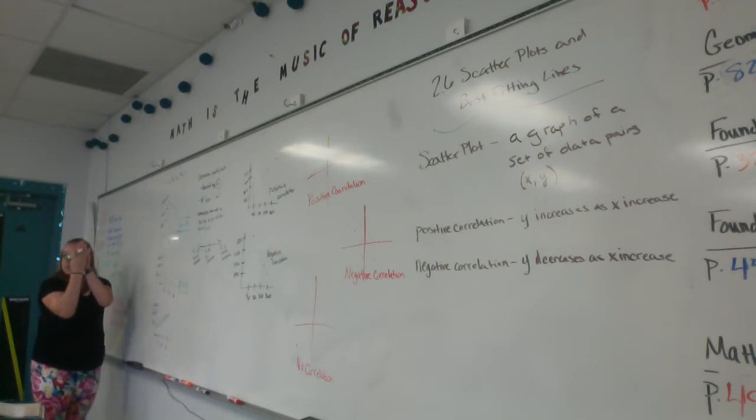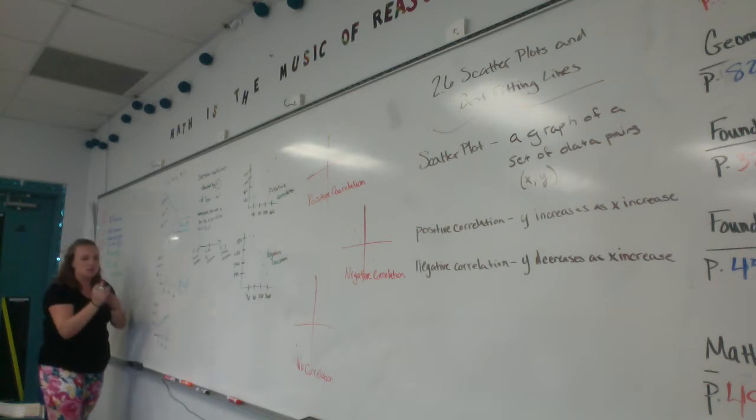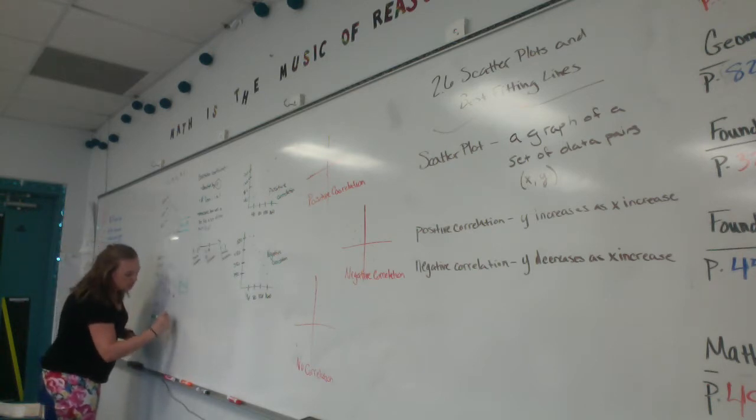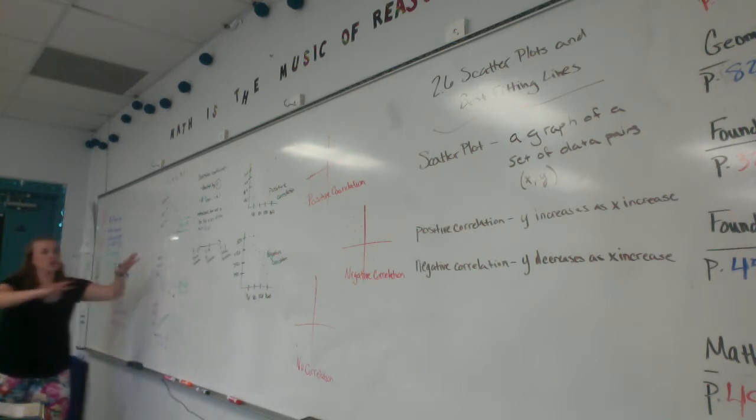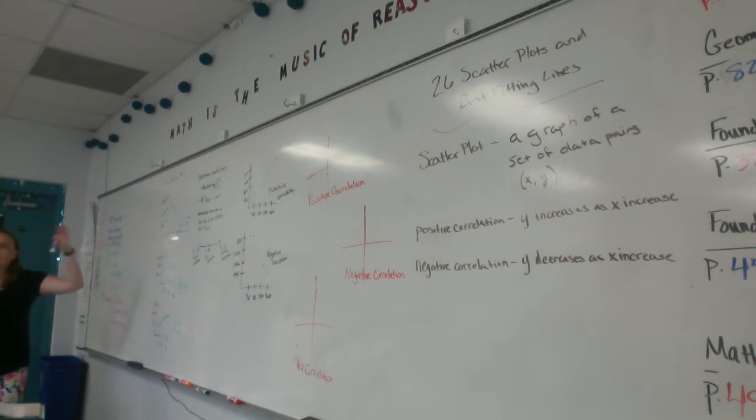So the more congested the data is, the closer it's going to be to 1, or to -1. The further out it spreads, I'm going to have -0.5, 0.5, or 0. That's kind of backwards thinking, I think. So the further it spreads, the less likely it is to be close to 1 or -1.